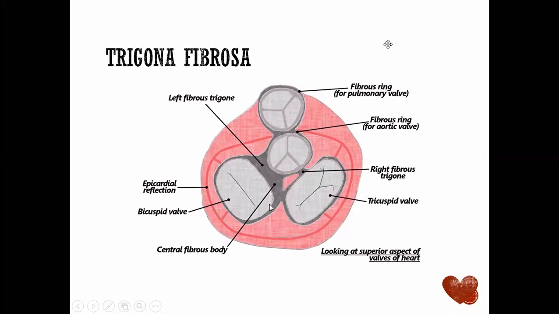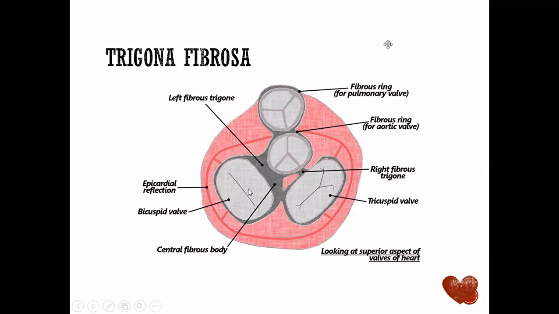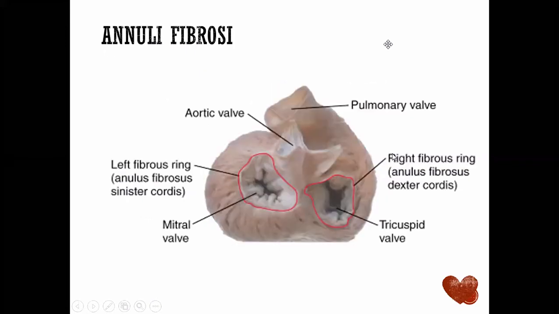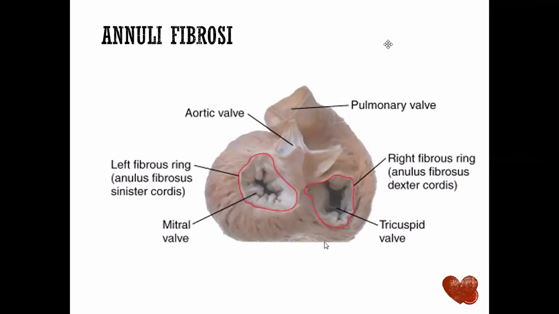There you are. And these are your respective valves. The left, this area, bicuspid, the tricuspid, and then you have your pulmonary valve in there. The annuli fibrosi, so left fibrous ring, there you are.